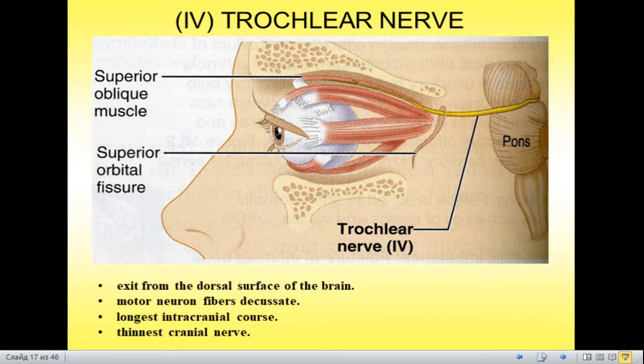Next feature: the fibers of motor neurons decussate just after origin. Next, the trochlear nerve has the longest intracranial course, and it is the thinnest cranial nerve, so it contains fewer fibers.